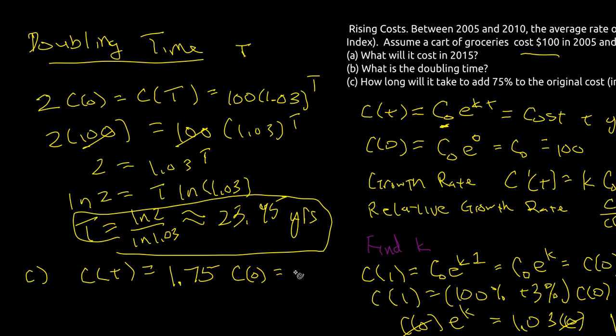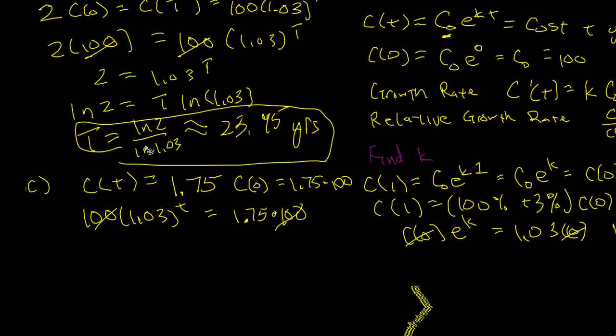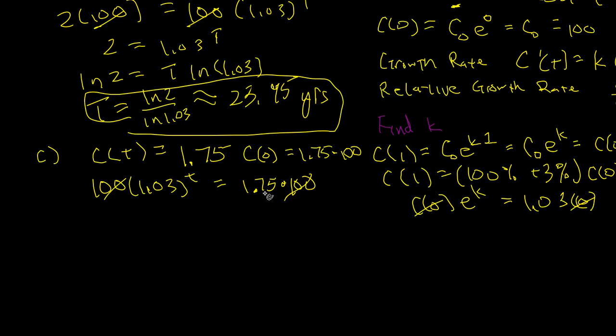Okay, so that's 1.75 times 100, and our formula again for C of t is 100 times 1.03 to the t power. So we want to know when that's equal to 1.75 times 100. The 100s cancel from both sides, and then we're just solving 1.75 equals 1.03 to the t power.